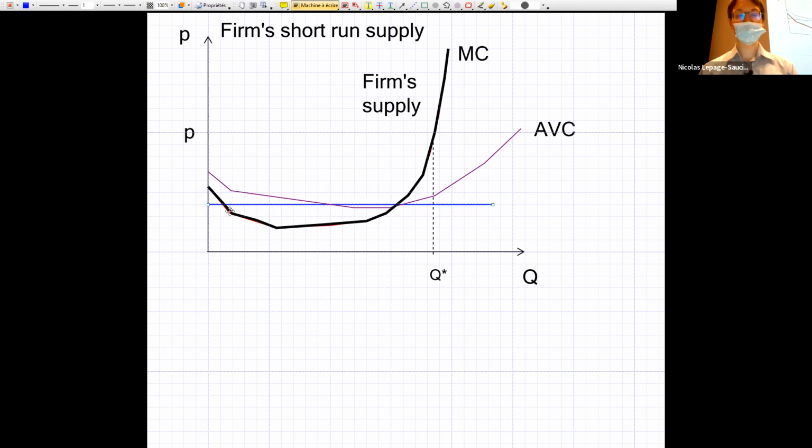So what does that mean? It means that I can't just amputate my curve. I have to draw it again. So this is what the real short-run supply looks like.